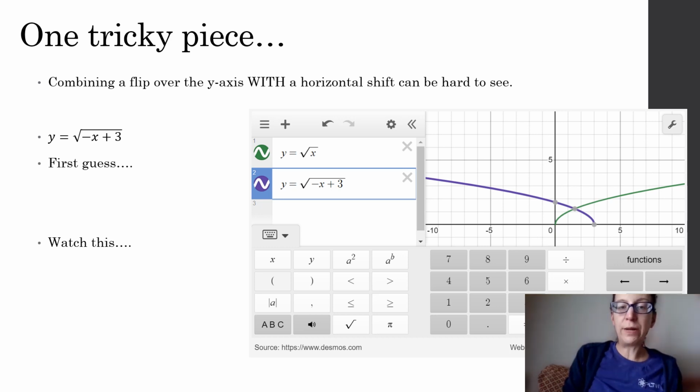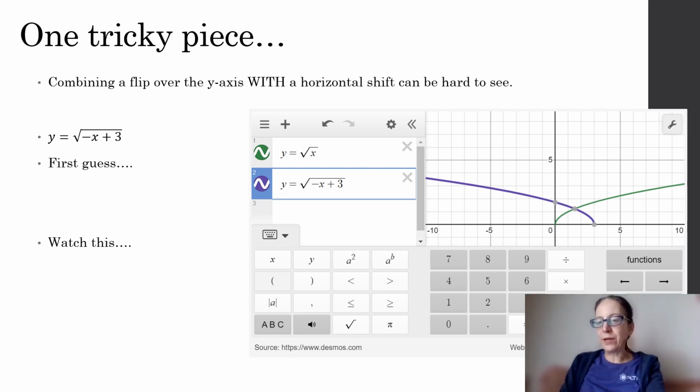I want to get it to this one. Square root of negative x plus 3, minus 4.